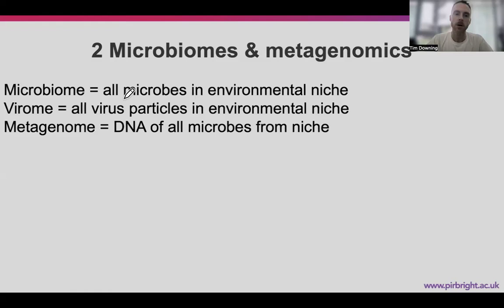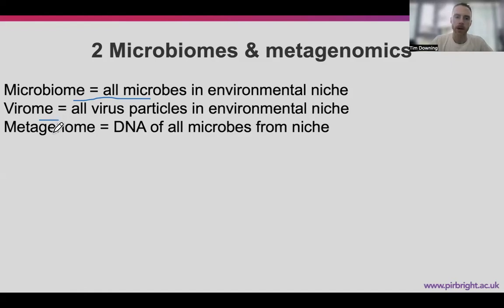So we can talk about microbes and the microbiomes as all the microbes in an environment that includes viral particles as well as bacterial cells. In this way, we can also talk about the virome as all the virus particles in an environmental niche. And thus the virome does not discuss the viral DNA as such.